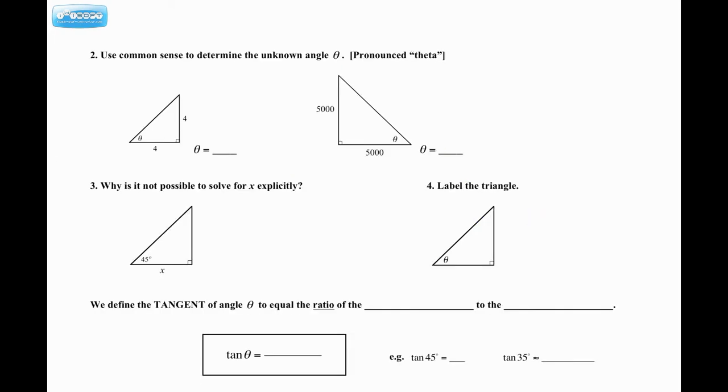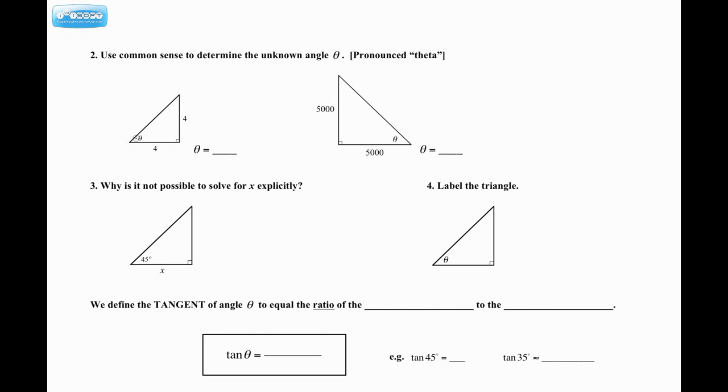Number two, use common sense to determine the unknown angle theta, pronounced theta. This is just a letter of the Greek alphabet, and in mathematics, when you see this symbol, typically we're just referring to an angle. So here I have another right triangle, but instead I have 4 and 4 given as these two sides.